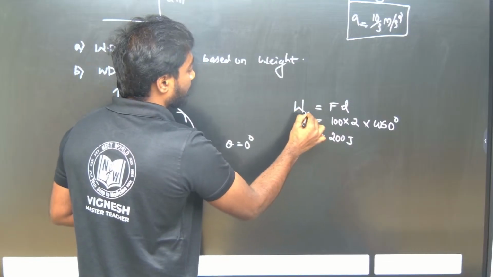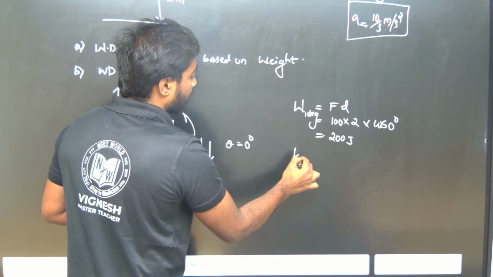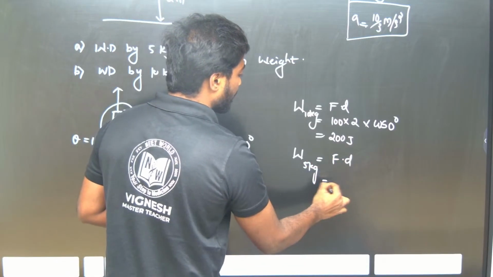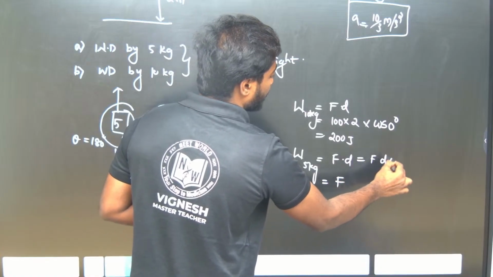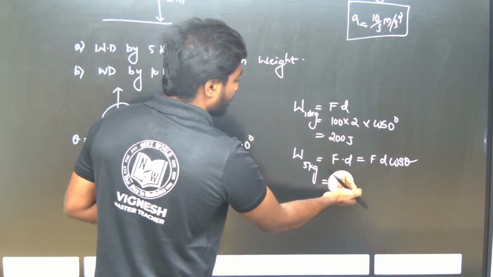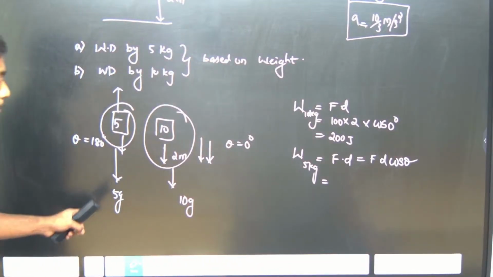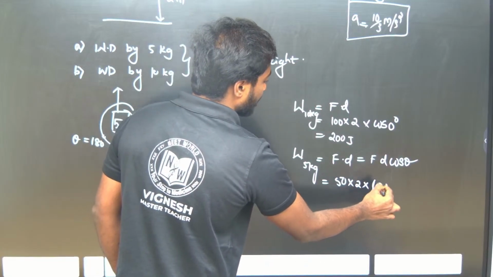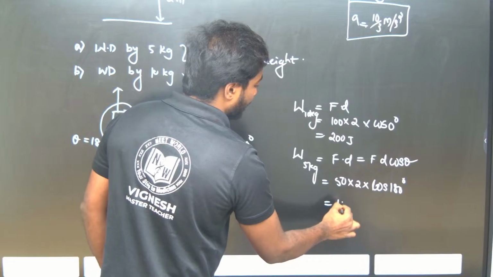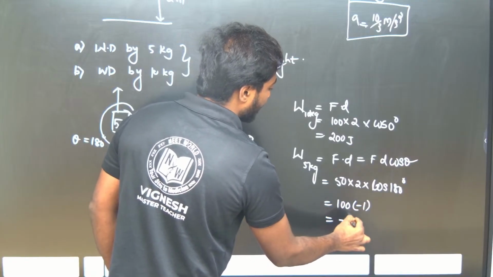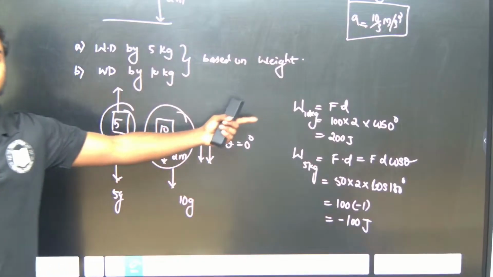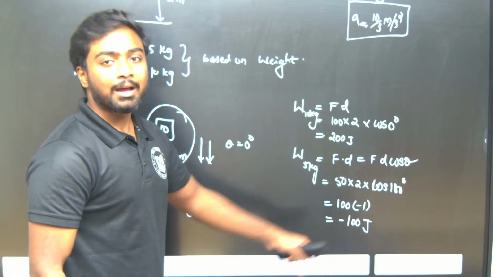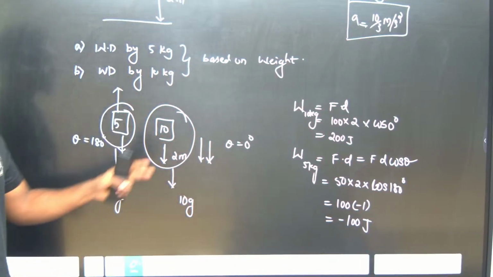Work done by 5 kg will be nothing but F dot D, which is equals to F D cos theta. So F is 5g, 50, no? 50 into 2 into cos 180 degree. So 100 into minus 1, which is nothing but minus 100 joules. So work done by 10 kg block is nothing but 200 joules. Work done by 5 kg block is nothing but minus 100 joules. Okay, this is the answer for the first question.